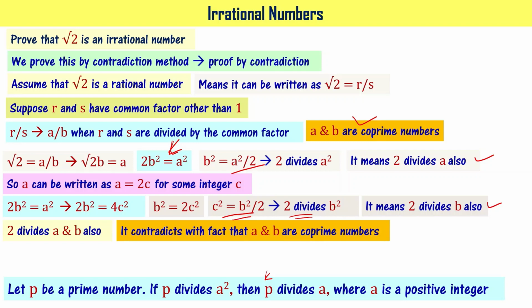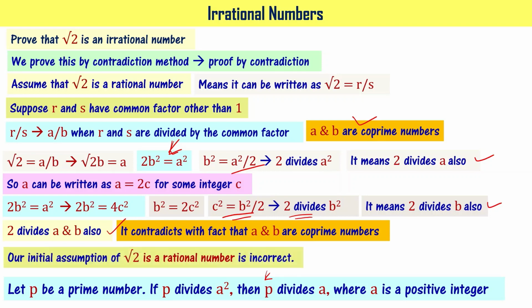Whereas here, as per this statement, the common factor is 2 also, right? So that's why it is contradicting with the fact that a and b are co-prime numbers. This contradiction happens for the reason that we have assumed that root 2 is a rational number, which is incorrect. That's why we say root 2 is an irrational number. So that is how we prove that root 2 is an irrational number.